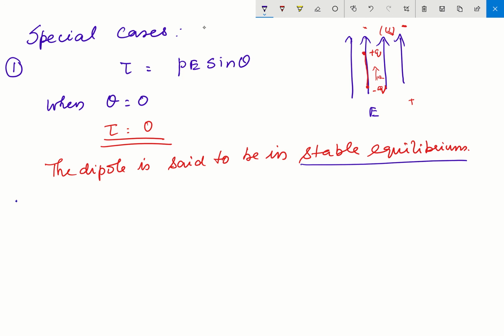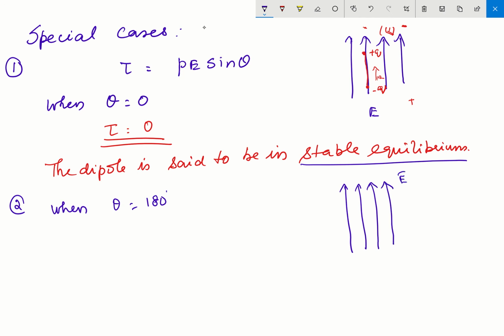Next one is when theta is equal to 180 degrees. Theta 180 means what? See here, this is your electric field, this is negative and this is positive, everything as usual.